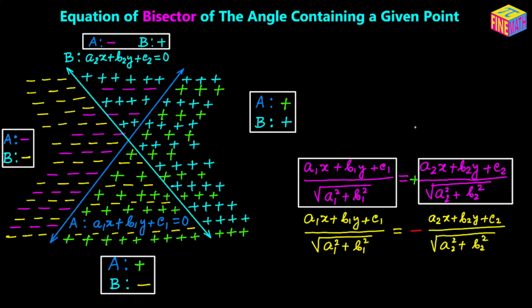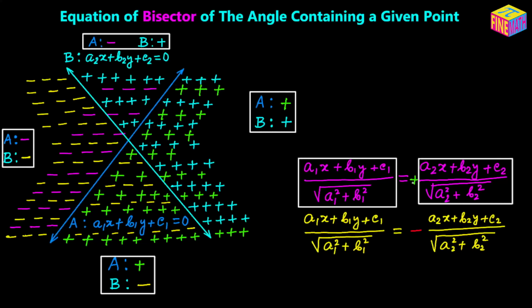Since each of them represents a distance, we take the positive sign when the expression in the numerator is of the same sign for both of the straight lines, and we take the negative sign when the expression in the numerator is of opposite sign, because ultimately we have to express both sides as a positive quantity, right? Because we are equating the distance from two straight lines of the moving point P, and that is how we derived the equations.